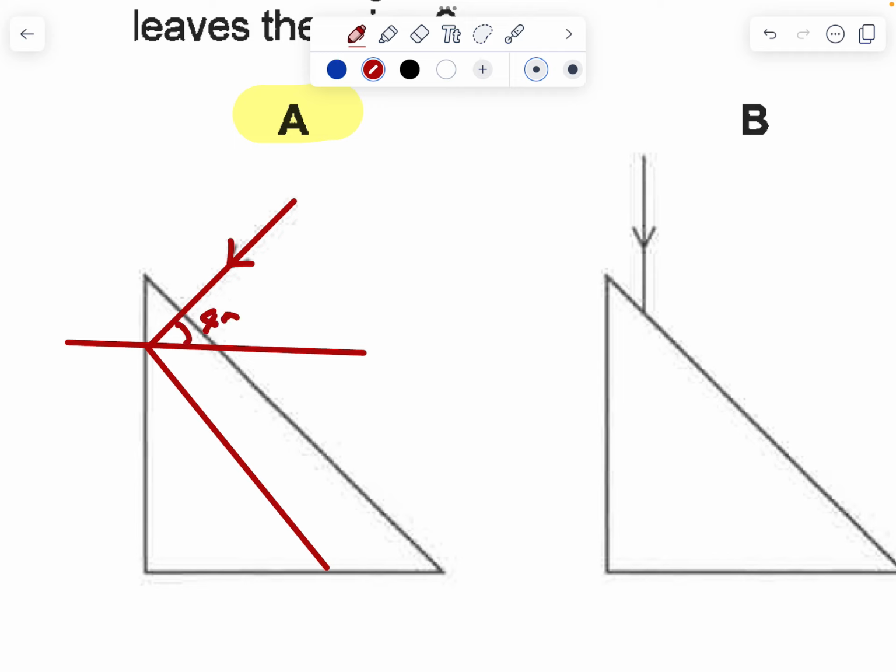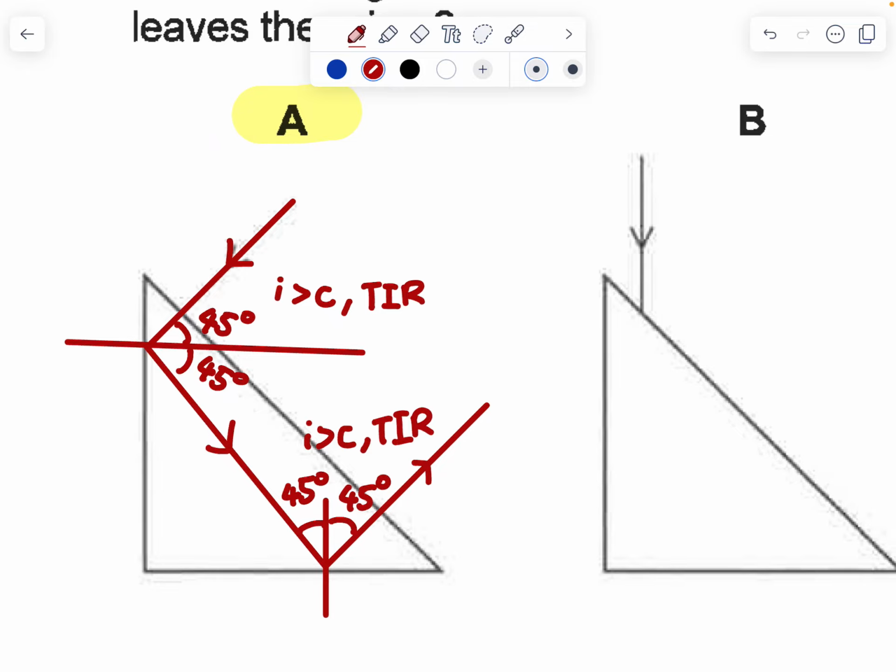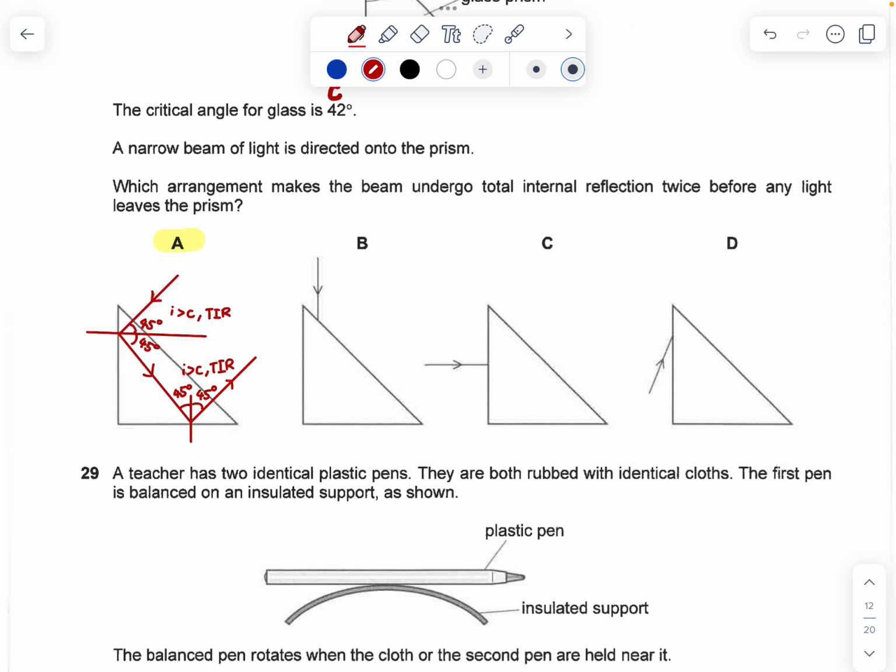Here, 45 degrees. Because the angle of incidence, 45 degrees, is greater than the critical angle, TIR occurs. Next, it hits here also. The angle of incidence is 45 degrees as well. I is greater than C, so TIR. And this is how it should look.